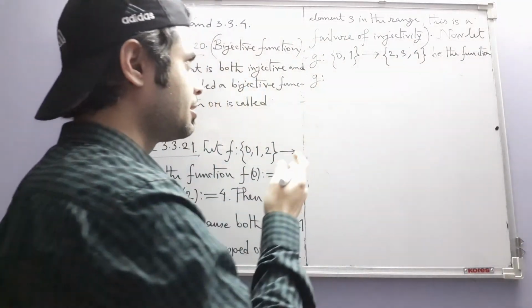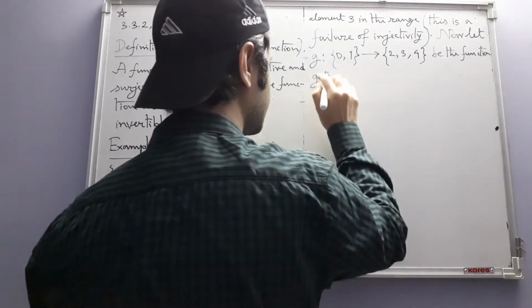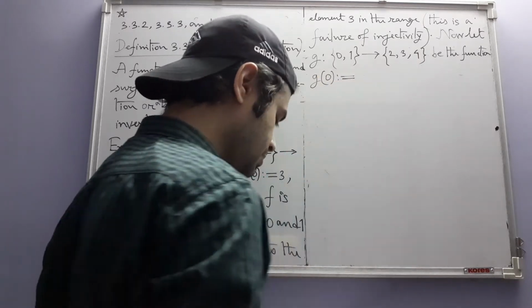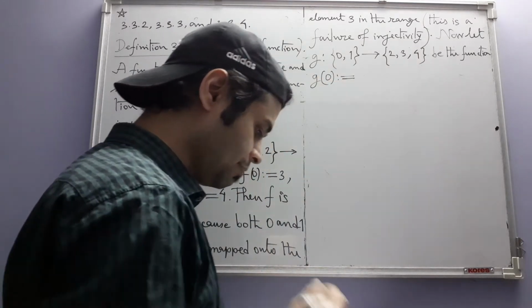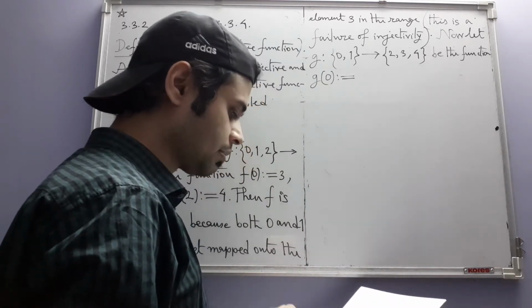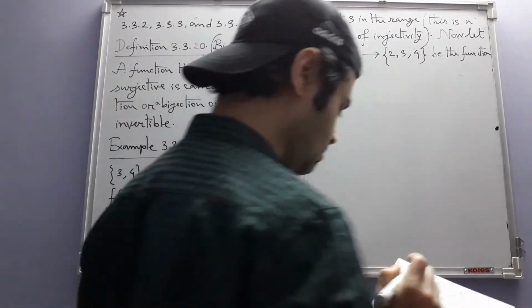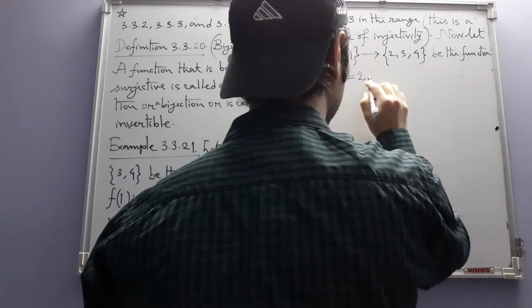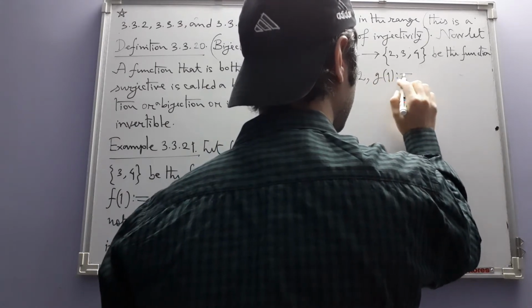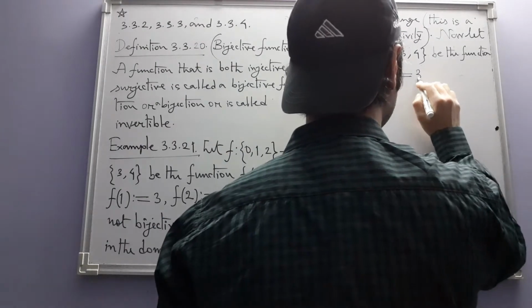It has to be defined only at 2 points, 0 and 1, because they are the only points in the domain. So G of 0 is, we can define it any way we want, but let's write what Tao has written in the example. G of 0 is defined to be 2 and G of 1 is defined to be 3.